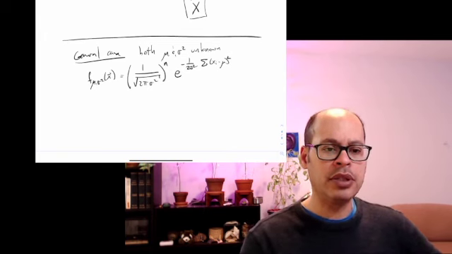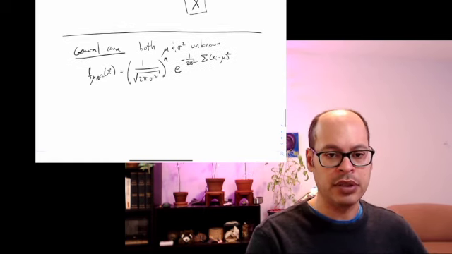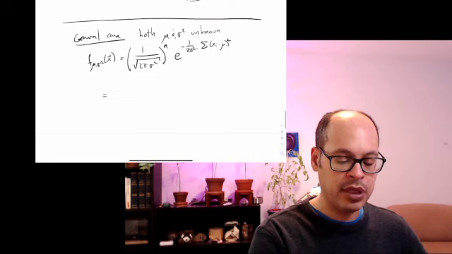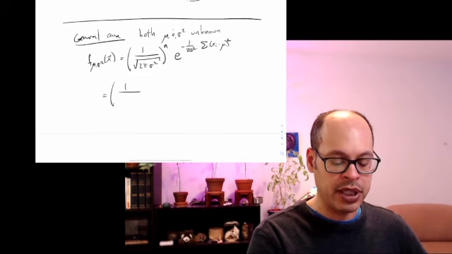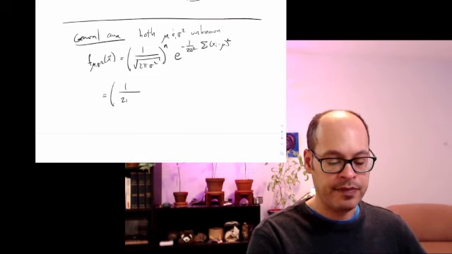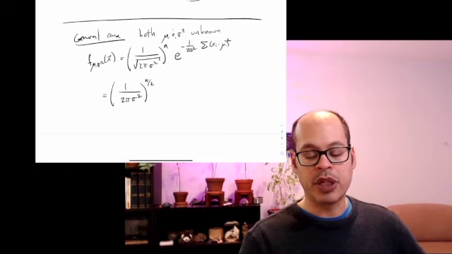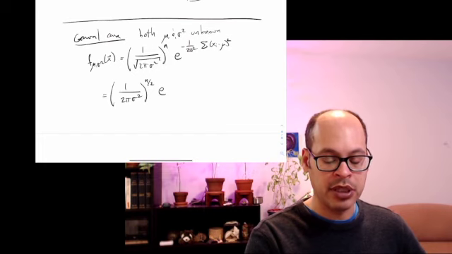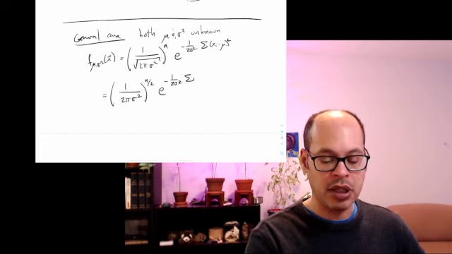And just like before, just to skip the algebra, you can do the same algebraic manipulation to break up this exponential in these same two factors. So let me just go ahead and do that.